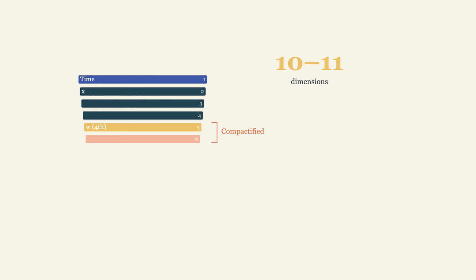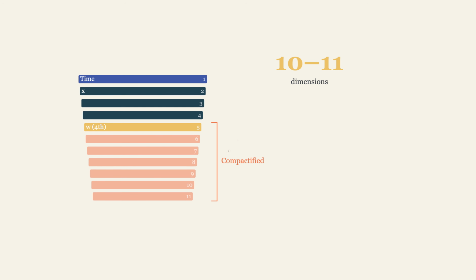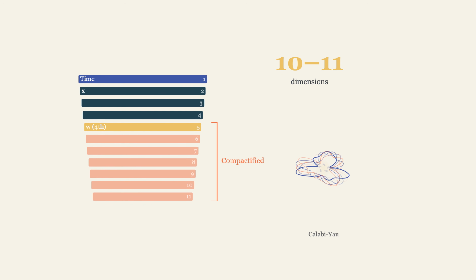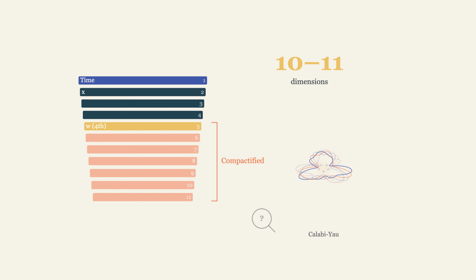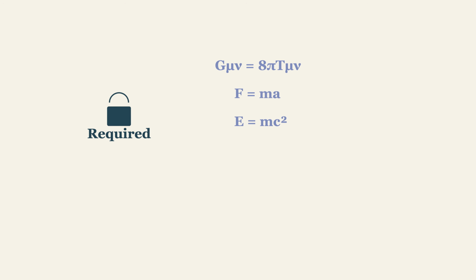It requires 10 or 11 dimensions to be mathematically consistent. 6 or 7 of those dimensions are compactified, curled into complex shapes called Calabi-Yau manifolds, too small to measure with any current technology. We haven't detected these extra dimensions directly, but they aren't optional. They're required for the equations to work.